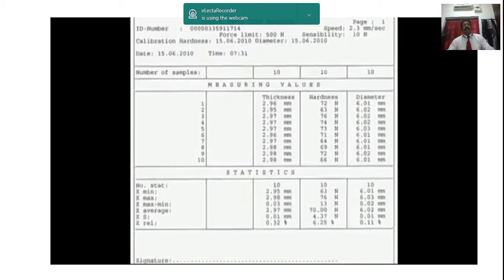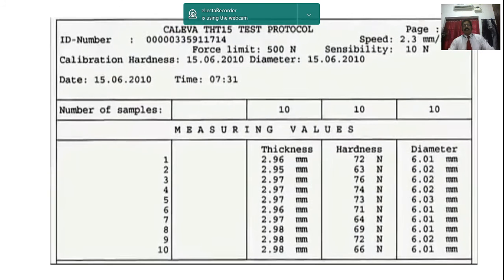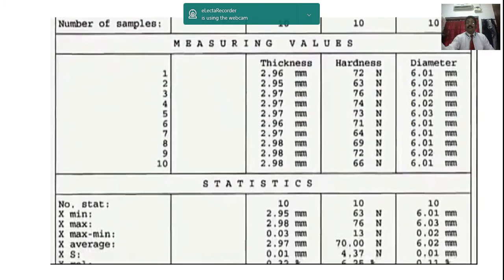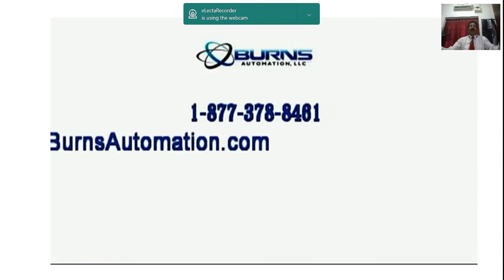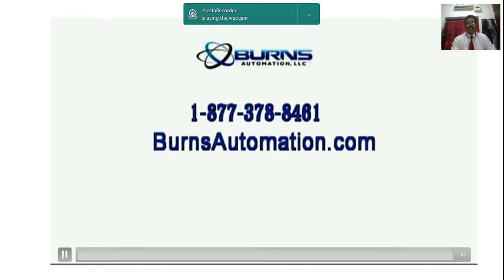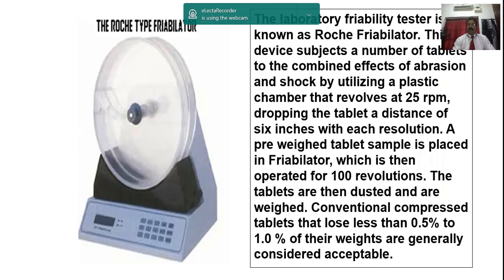See, he got all the 10 tablets' thickness, hardness, diameter and statistical data. By that he will give the report to the batch and quality control, which makes it very clear. So this is the thing which we wanted to discuss.